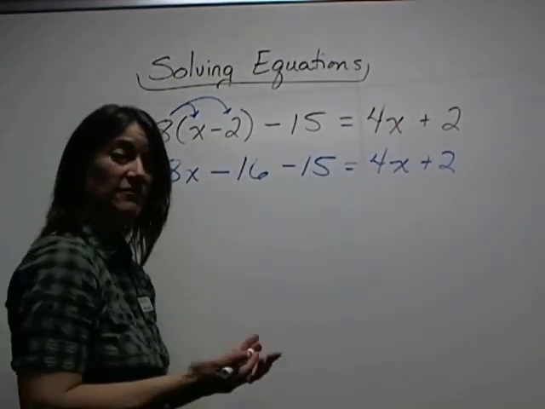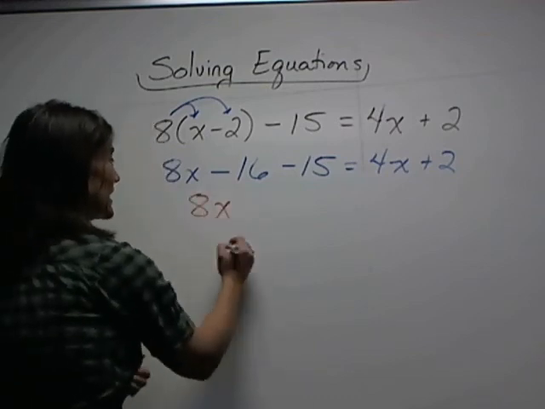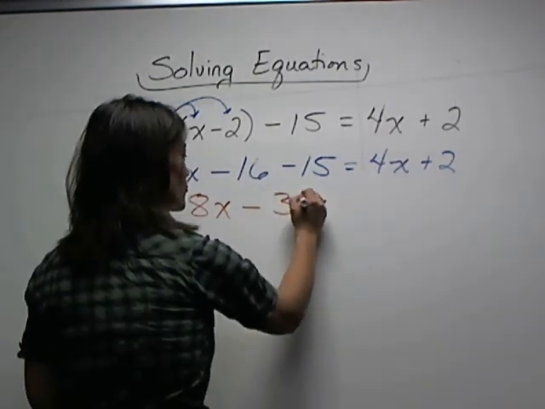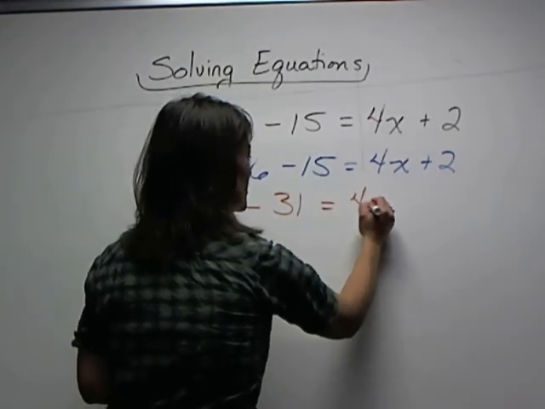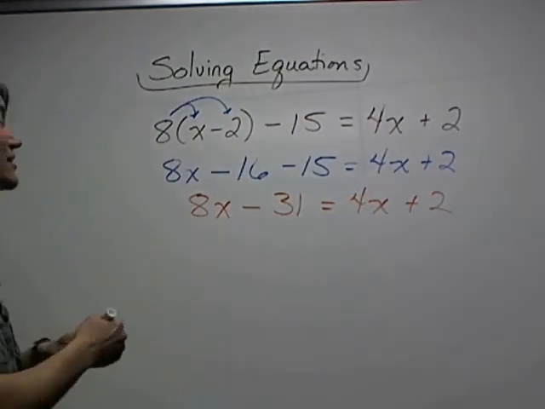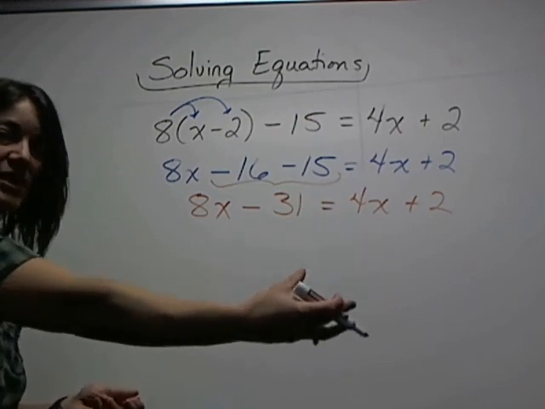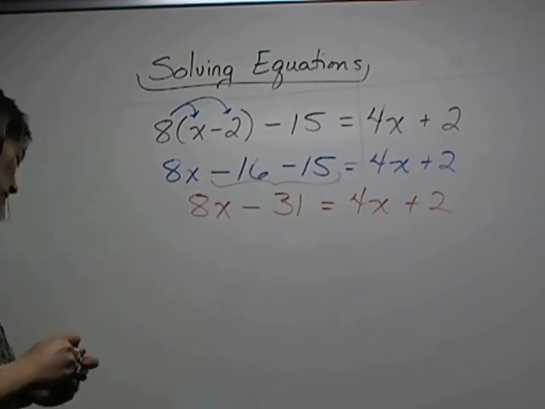They are both negative, so we add them and keep the sign. So that's going to give me 8x minus 31 is equal to 4x plus 2. So I just cleaned it up by combining my like terms. I did not move it to the other side of the equal sign, so we do not switch signs.